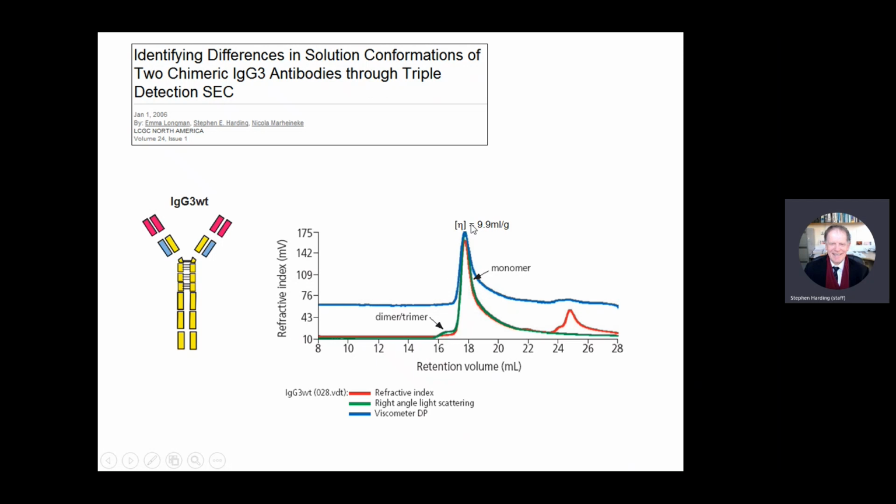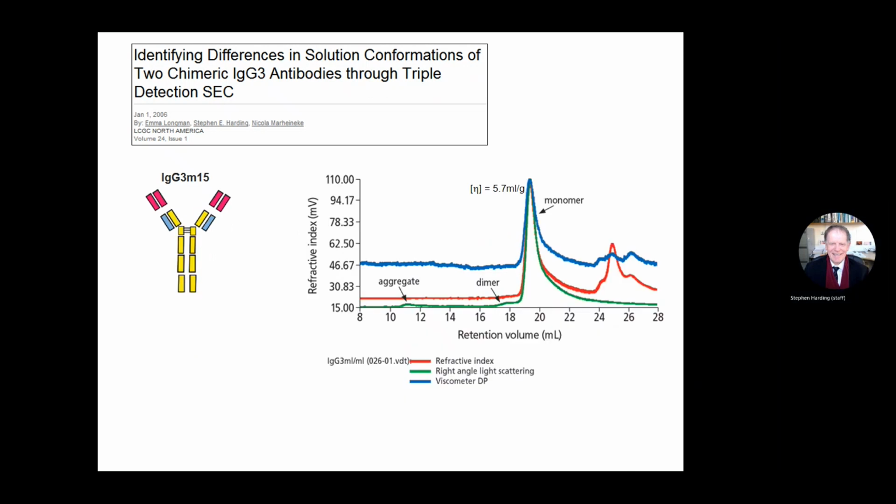We managed to separate the monomer peak from the dimer, trimer. And that's important because the intrinsic viscosity is an important conformation parameter, along with parameters like the sedimentation coefficient from sedimentation velocity and a parameter called the radius of gyration, which we get for these types of molecules from X-ray scattering.